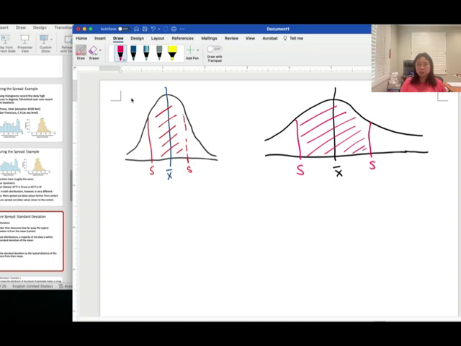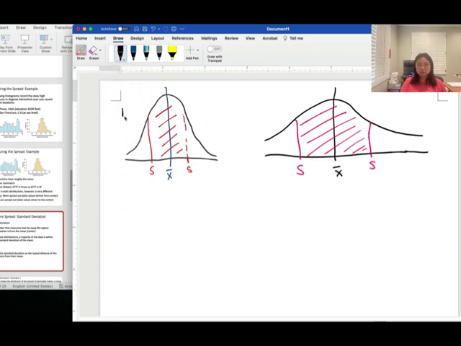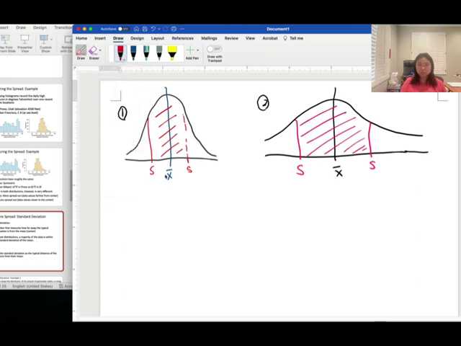So when I compare these two pictures, this is my picture 1, this is my picture 2. S1 will be the standard deviation of picture 1, S2 will be the standard deviation of picture 2. When I compare the numbers, the standard deviation 2 is greater than the standard deviation 1.